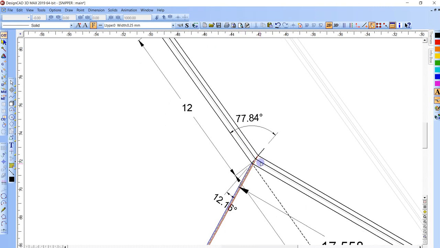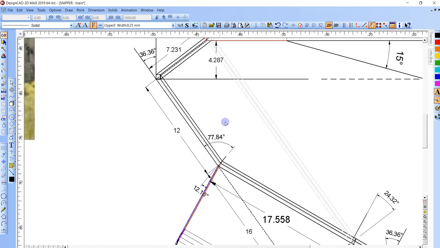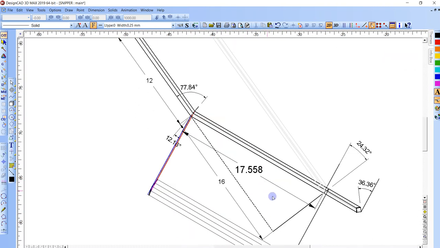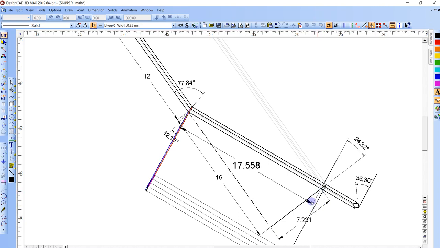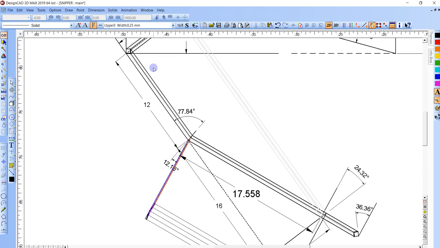And so what you end up with, that 7.231, is the width down here from the outside corner to the inside corner. That means you can calculate with the 16-foot height. So the top piece is 12 feet.